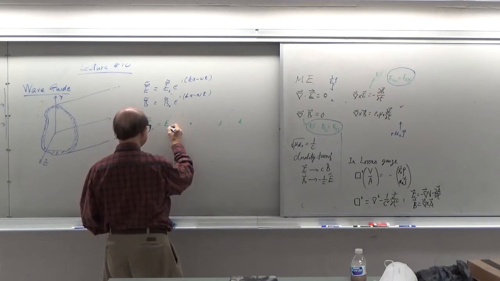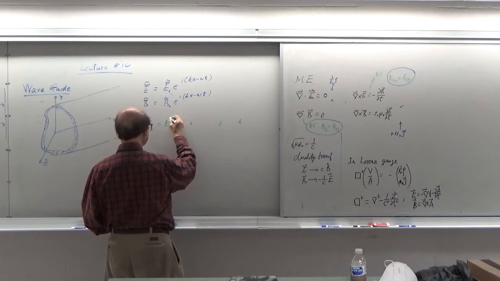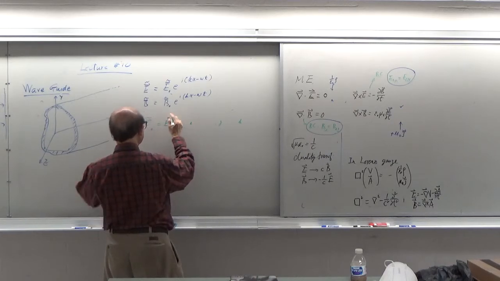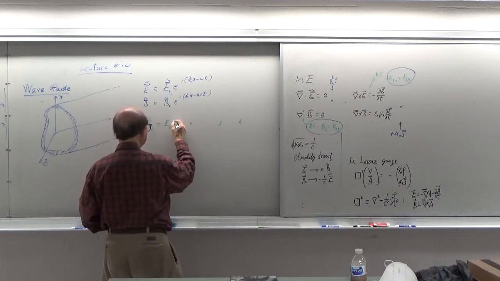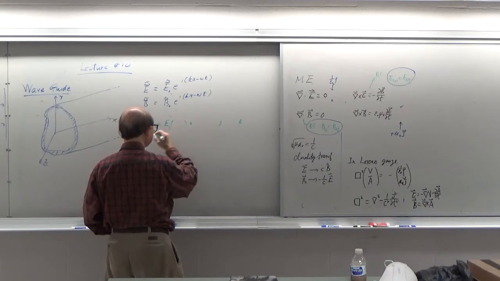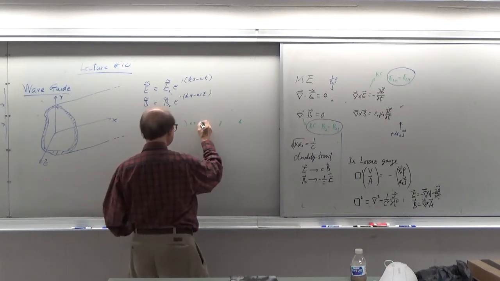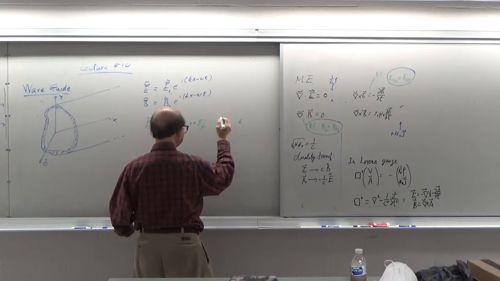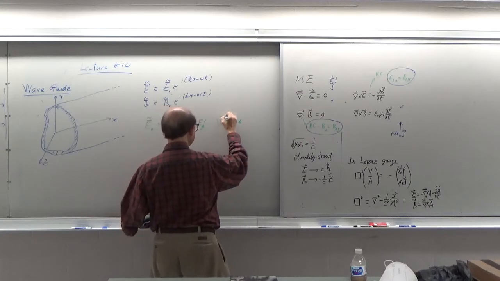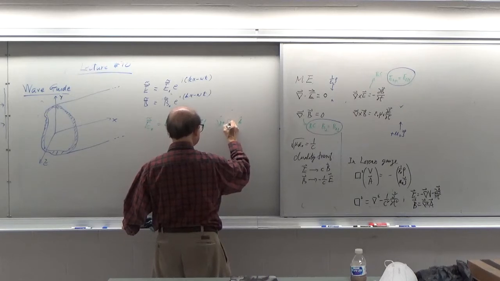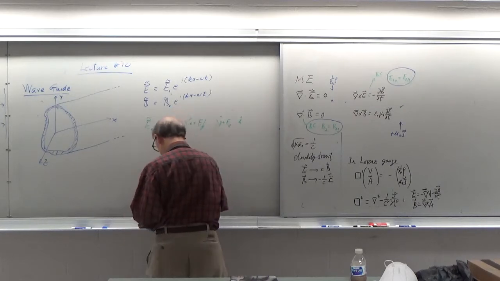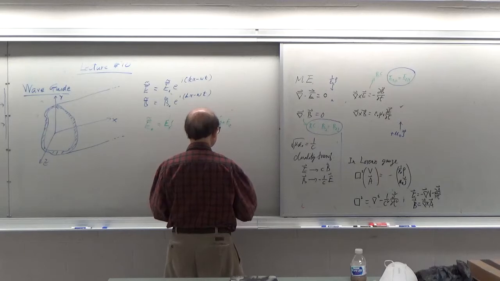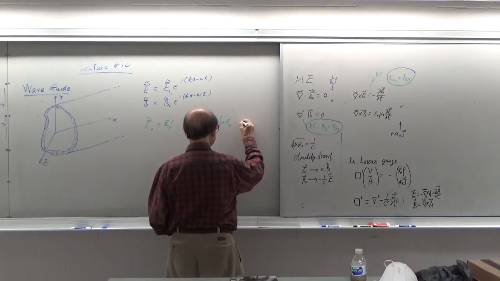So that's E x, and let me also omit the twiddle, plus E y as a function of something, plus E z of something.